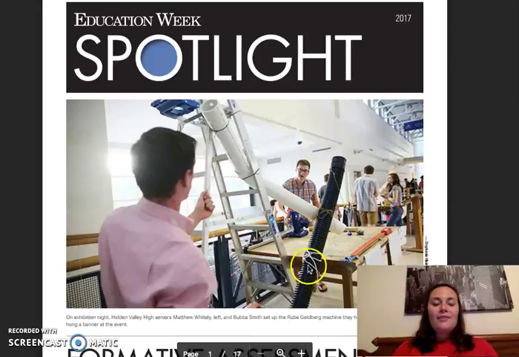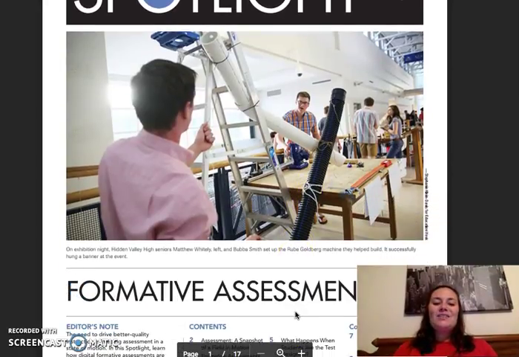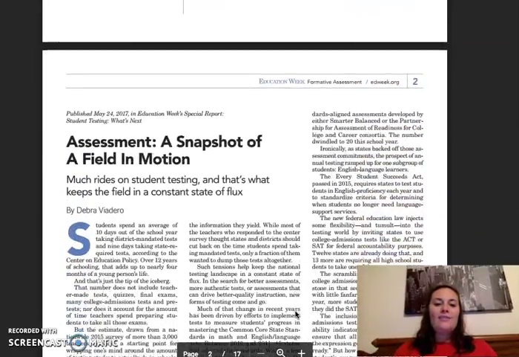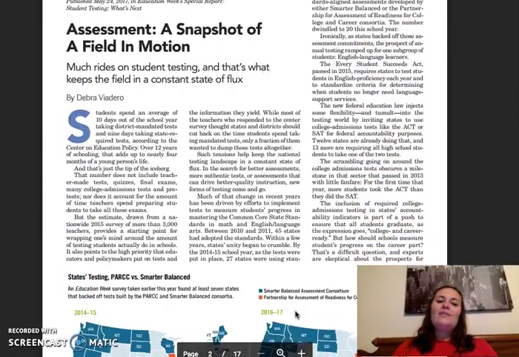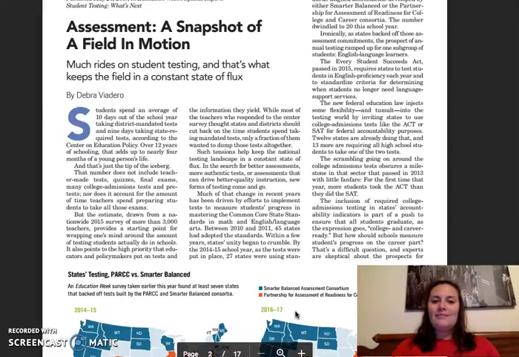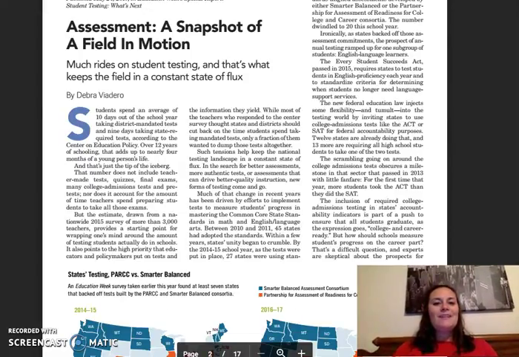And then my favorite, assessments of learning, ties into the Spotlight article that I read. It's a topic that really just feels like an ice pick to my heart sometimes.